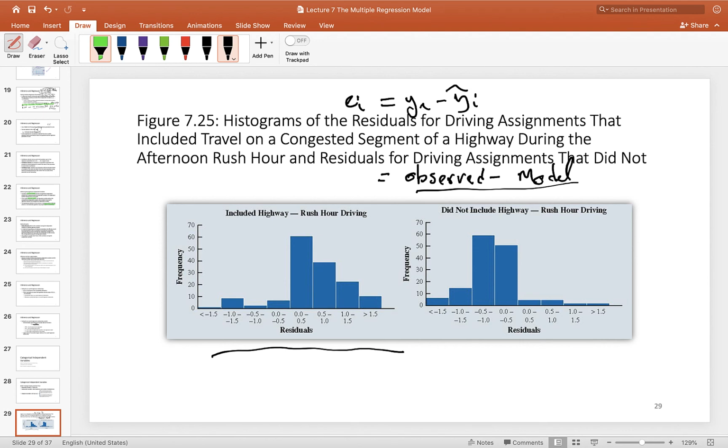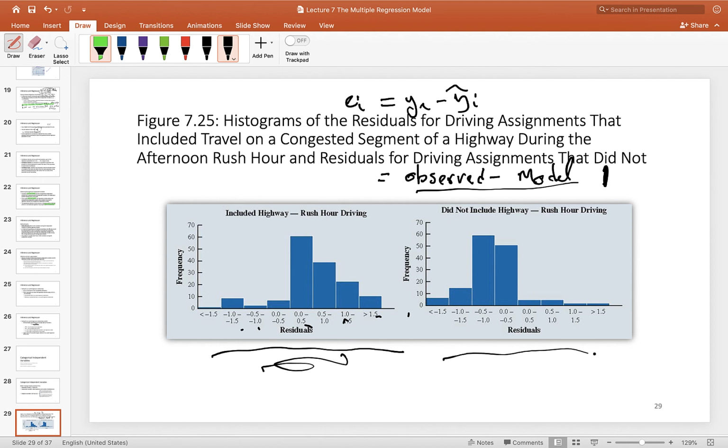Well, how about all these drivers over here? These guys actually drove in rush hour traffic, and all the residuals tend to be positive residuals. So a positive residual means that your observed is greater than what your model predicts, that your model is under predicting. So for the drivers that drive on the freeway, the model is under predicting.